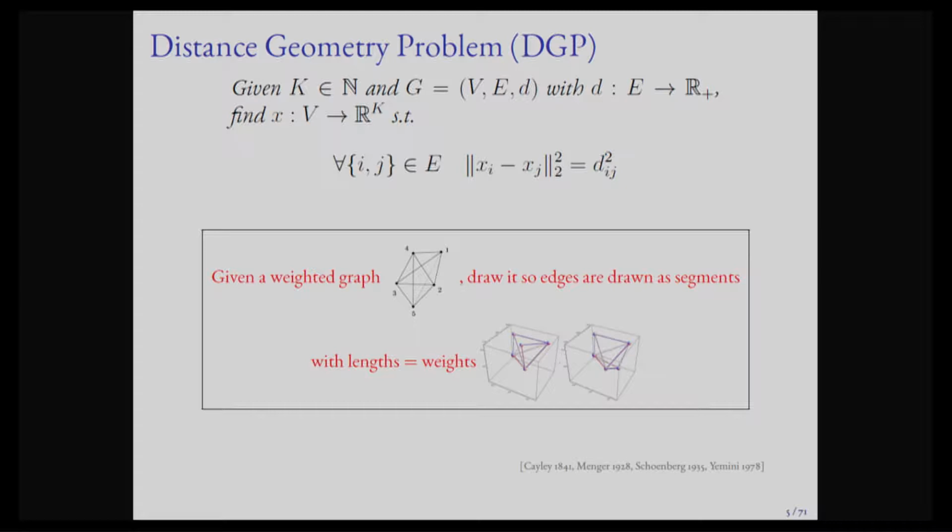It's something to do with Euclidean distance. You can also draw graphs according to other distances, and we'll see, actually. But this is the setting here with the Euclidean distance. Notice that k is part of the input. In the Euclidean distance matrix completion problem, k is part of the output, and the complexity class changes.